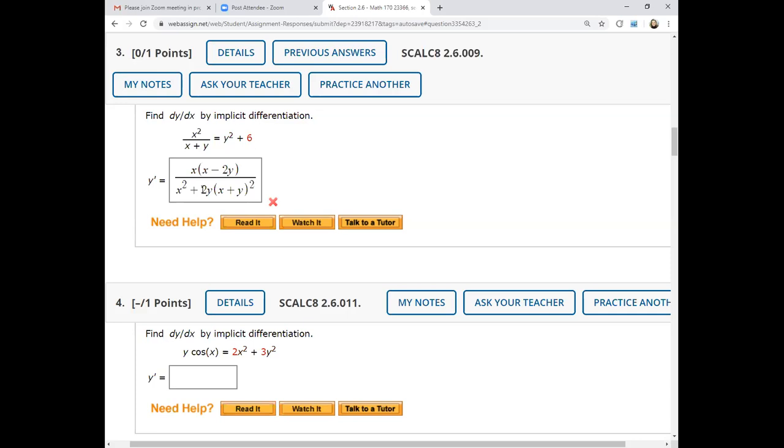So it's gonna be x plus y times the derivative with respect to x of x squared, which is 2x, minus x squared times the derivative of x plus y with respect to x. That derivative is 1 plus dy dx.